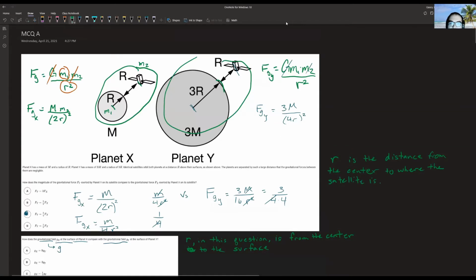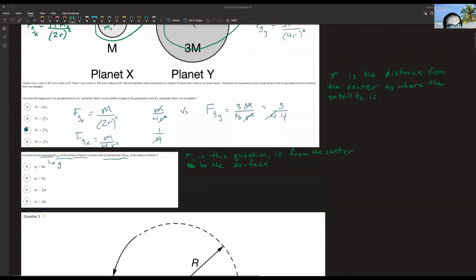Okay, so we're going to go ahead and end the polling here. Hopefully we were able to get some answers. So if we look at this, the gravitational force divided by the mass of the satellite is going to give us g. And so again, if we look at what's changing, the mass of the satellite doesn't really matter here. It's just G times the mass of the planet over r squared. And G is a constant. We don't really need to worry about that.